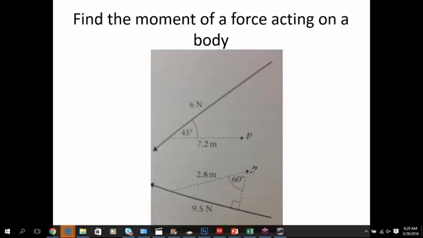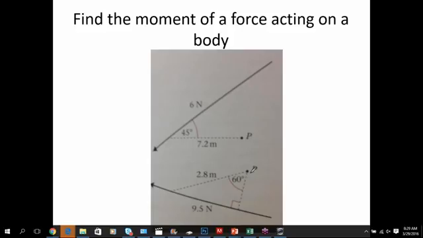So now we've got a distance, it's 2.8. Now, keep in mind where the angle is, be careful. So we've got a force point, and we're told that's 60 here, and this length is 2.8.